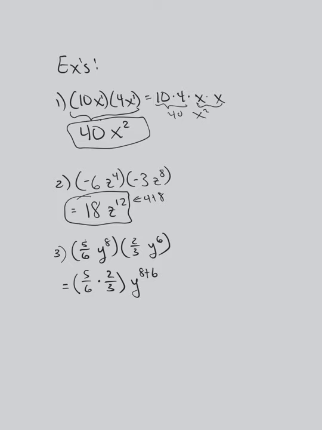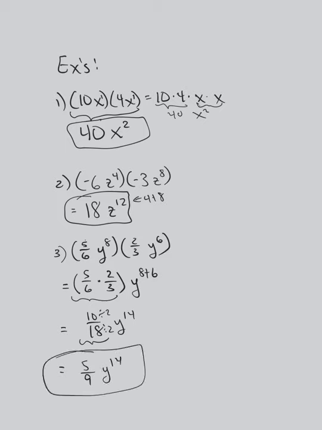All we have to do is remember how to multiply fractions, so we multiply straight across and get 10 over 18, and then y to the 8 plus 6, which is 14. Notice this fraction reduces by 2, so we divide each by 2 and get 5/9 y to the 14th. That would be the answer.